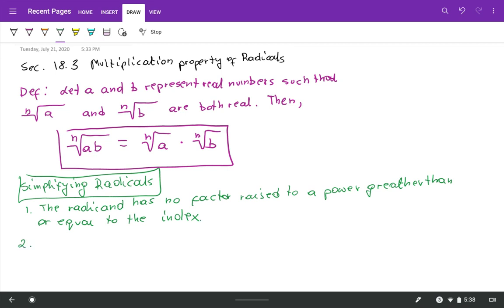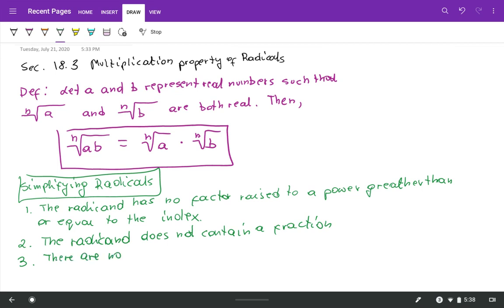Number 2, the radicand does not contain a fraction, and 3, there are no radicals in the denominator of a fraction.